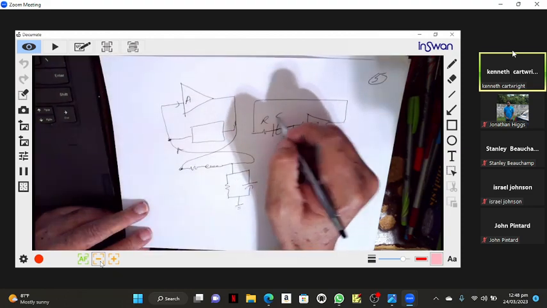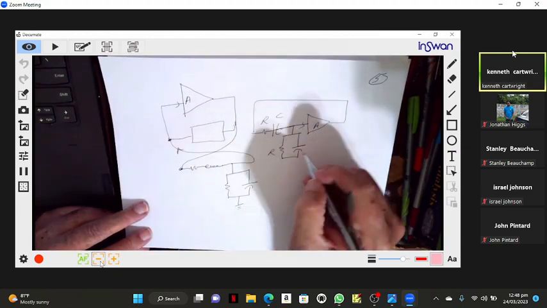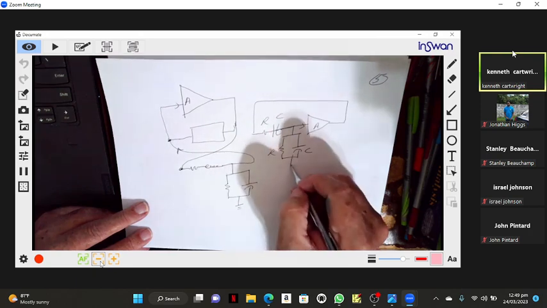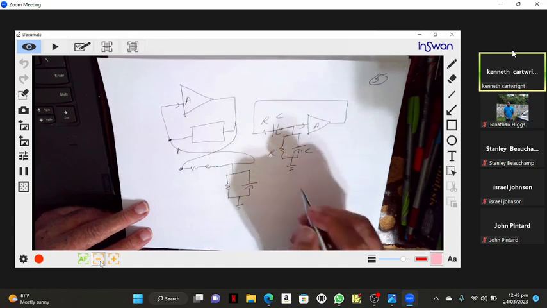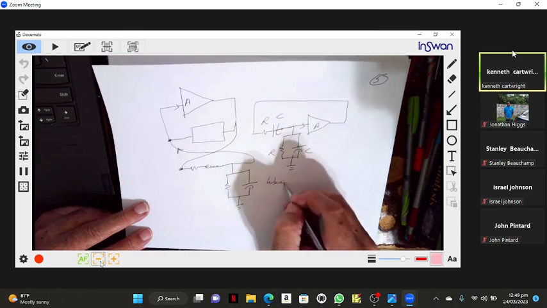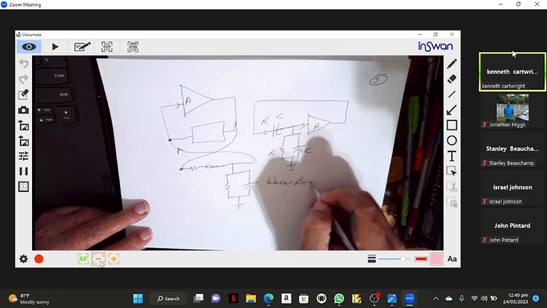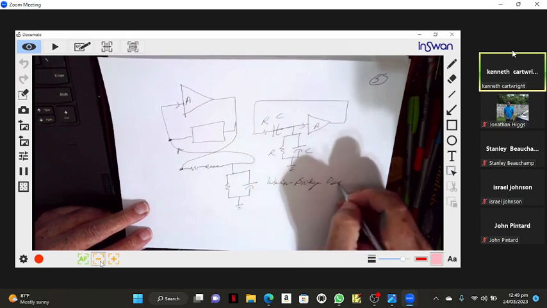This is the same thing. This is R and this is C. This is R and this is C. And this is an oscillator called the Wien Bridge oscillator.